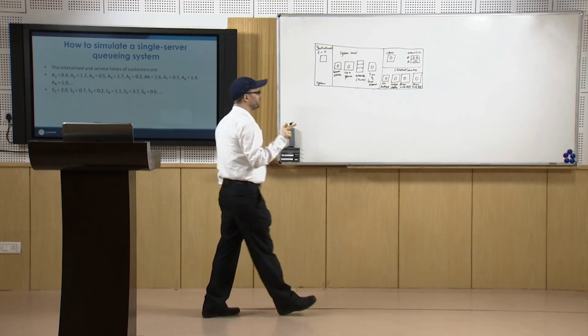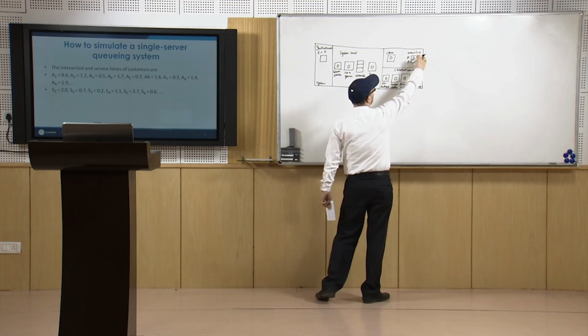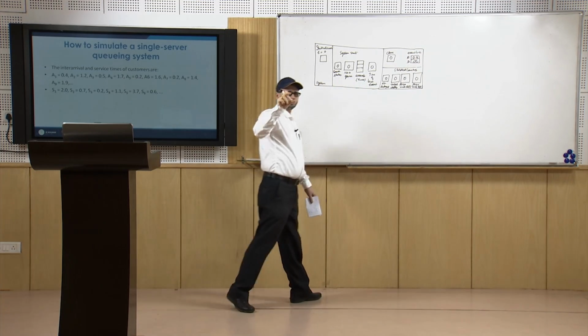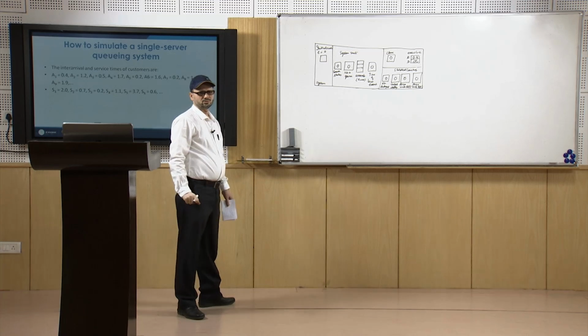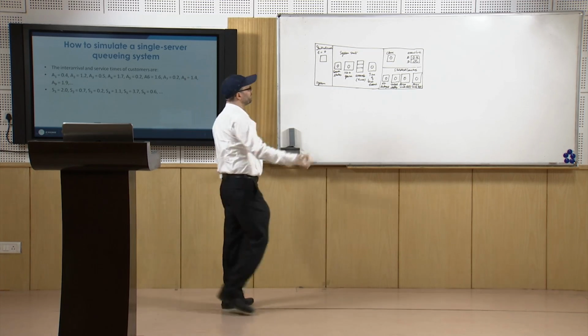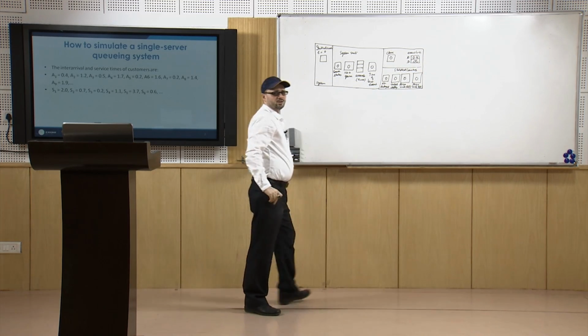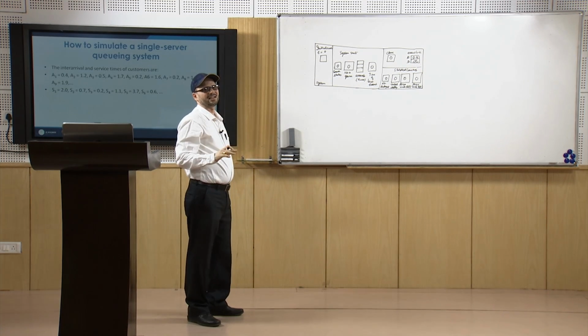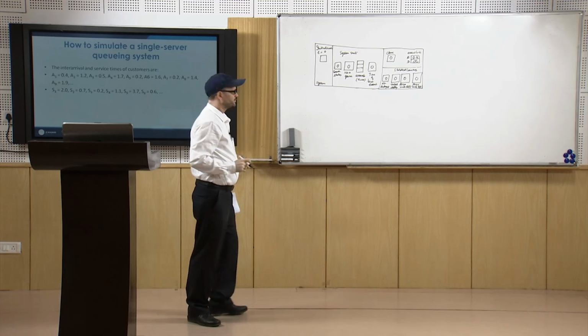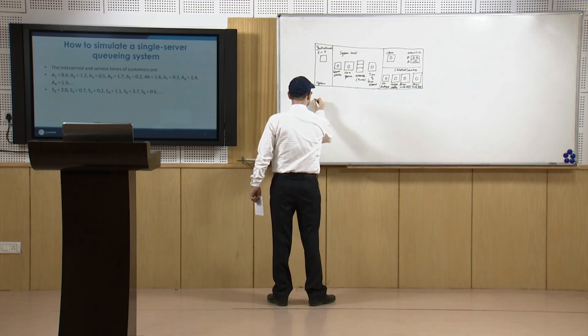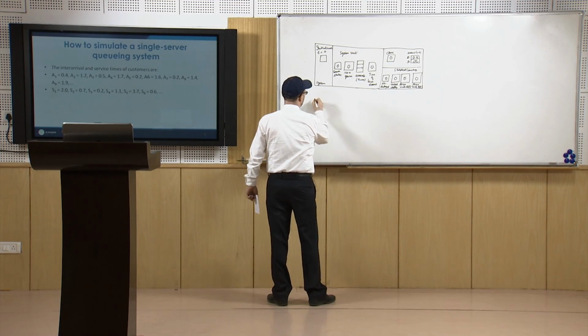It will see the minimum of the two, whatever it is, either arrival or departure, and that will be taken as the next event. So, we will go to the next case.